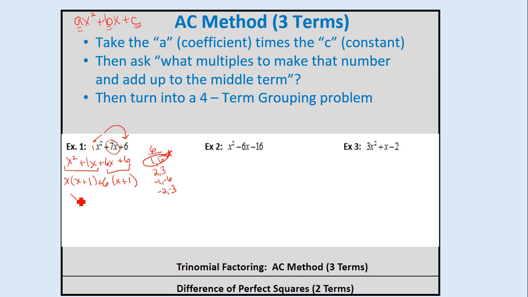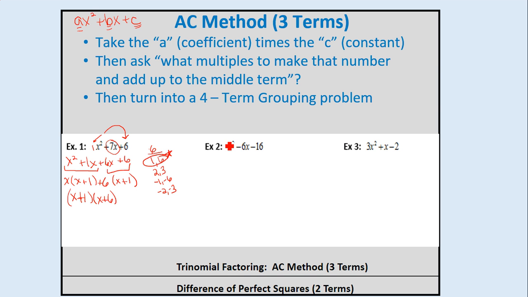One of them is going to be x plus 1 because I can factor out x plus 1 from both terms now. And what would be left is the x plus 6. So this trinomial factors into these two binomial pieces that would multiply together to make this. So we're undistributing the process here. We're taking away what was distributed so we can see what was in fact multiplied to make this problem.